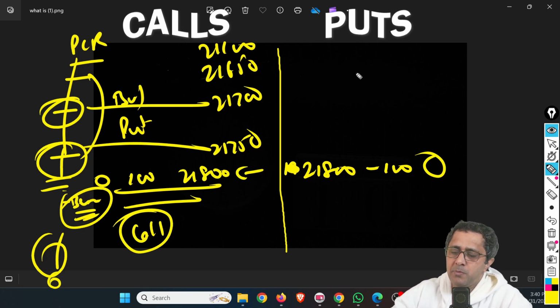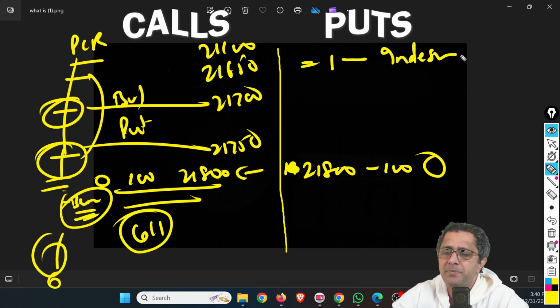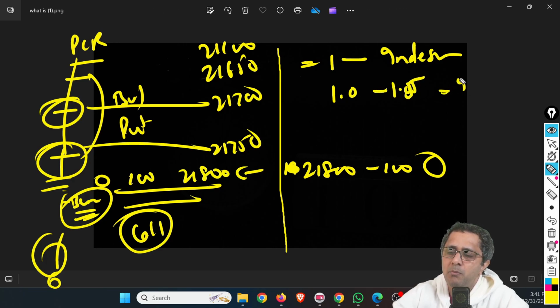Once again, let me reiterate. If PCR is at 1, then we say indecisive. If it's 1.0 to 1.5, it is bullish, and 1.5 and above, it is overbought.